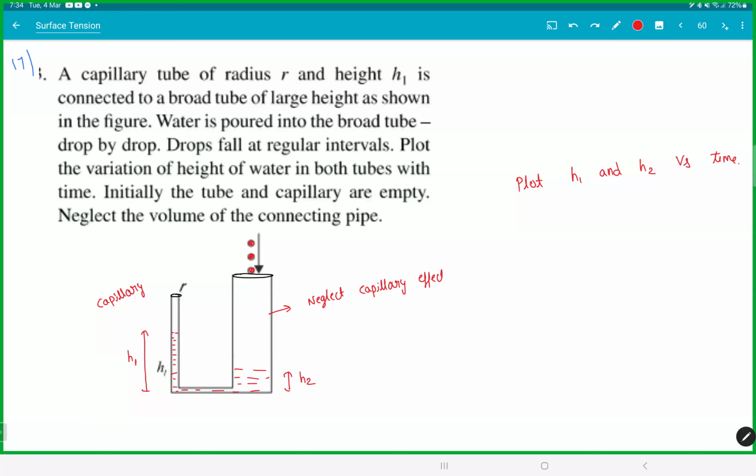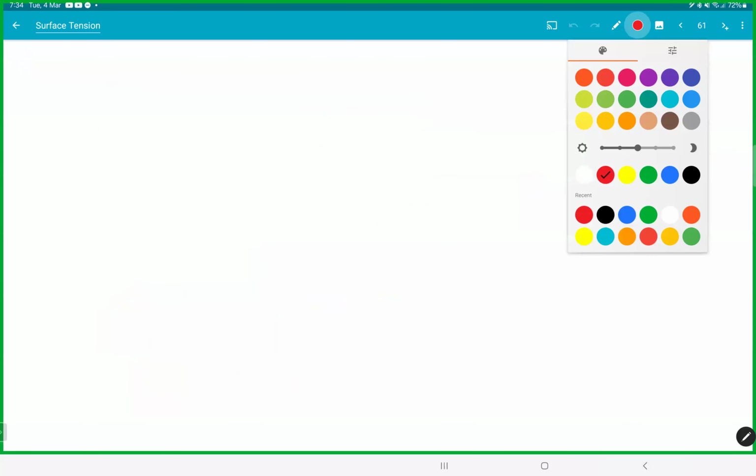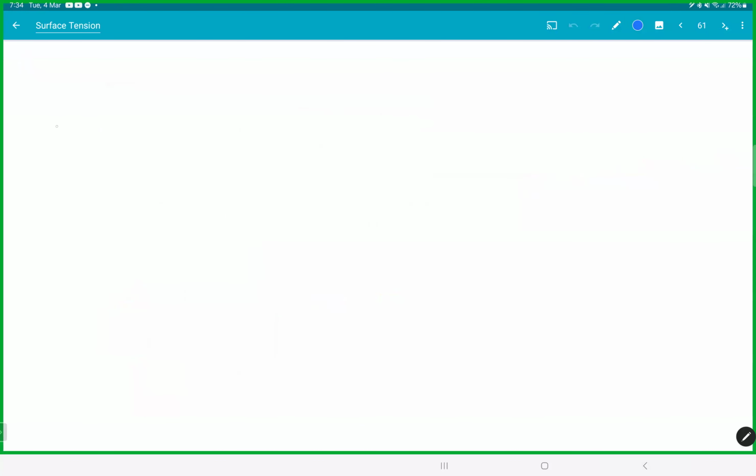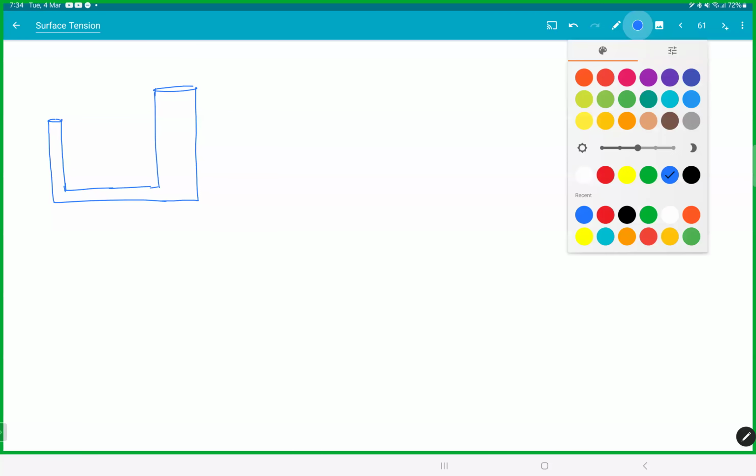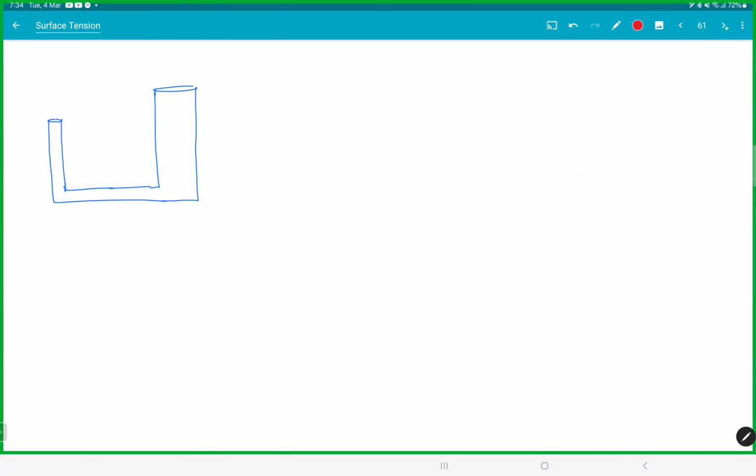Let's see what happens. So initially what happens, the moment the liquid falls here, all the liquid will be pulled by this guy only.